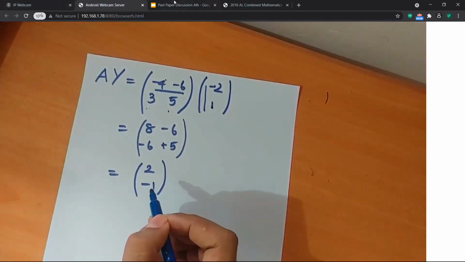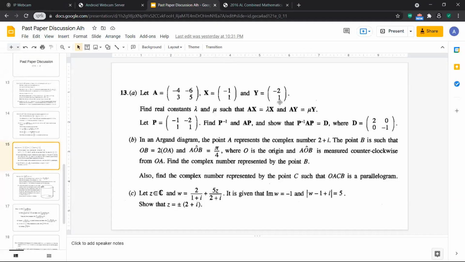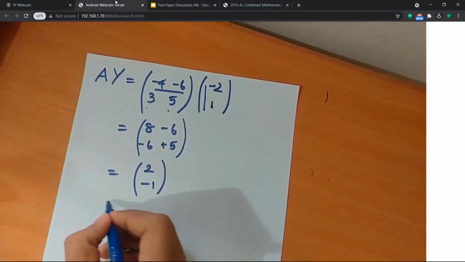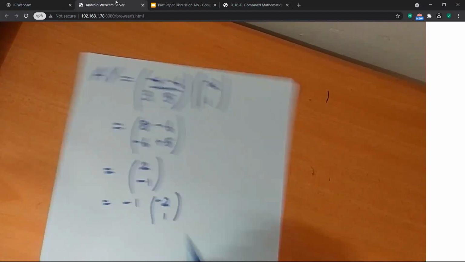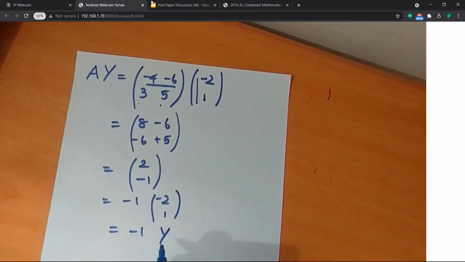Is this related to y? Y is minus 2 and 1, right? Okay, so there's a minus 1 difference in what we got here. So we can write this as minus 1 times minus 2, 1, which is equal to minus 1 times y.